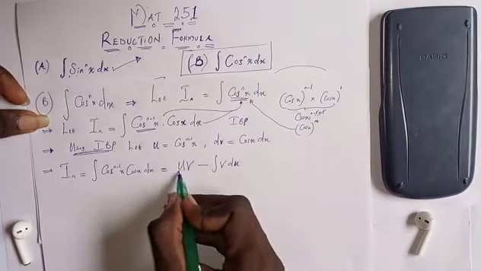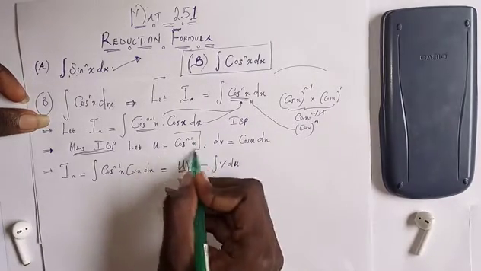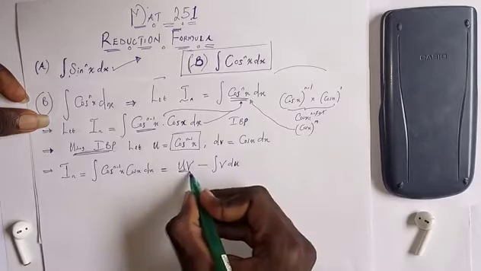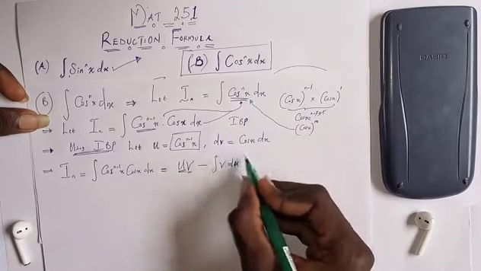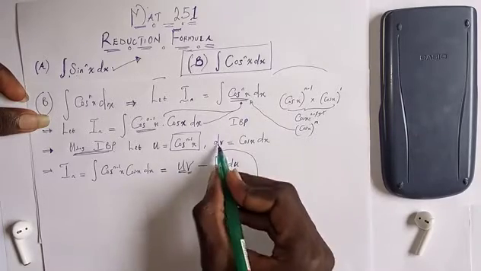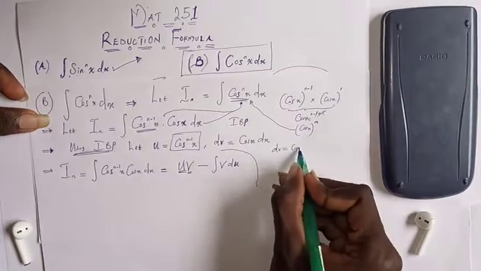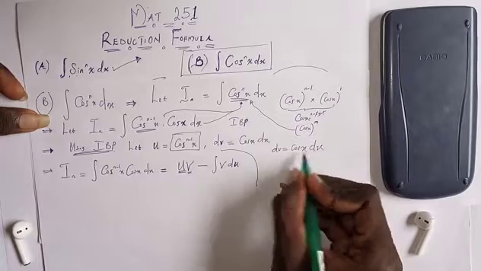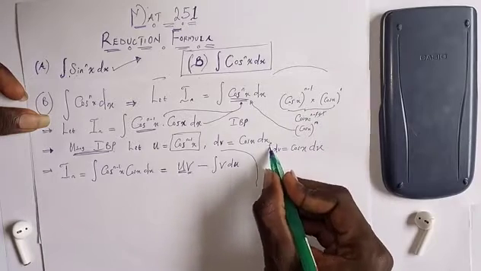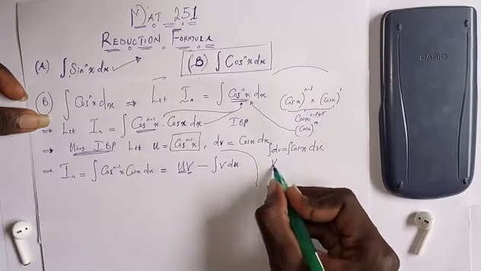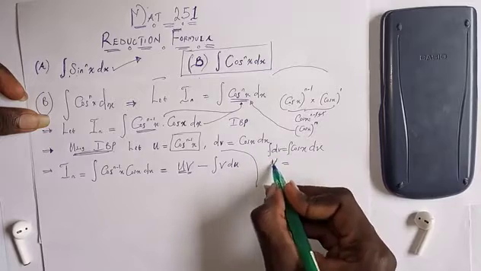So here in this case, I know what u is. u is cos^(n-1) x, but I don't know what v is. So I can decide to get what v is. From dv equals cos x dx, if we integrate both sides, we can easily generate what our v is. If you integrate dv, you have v.